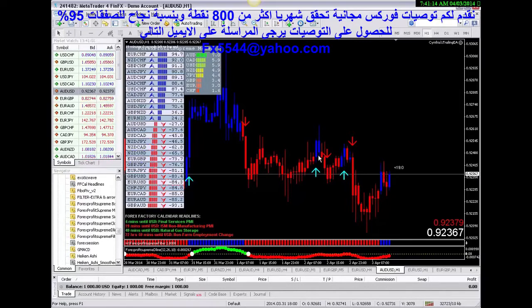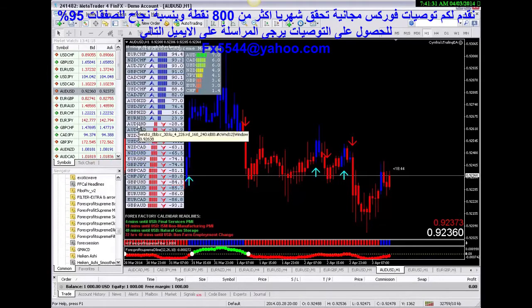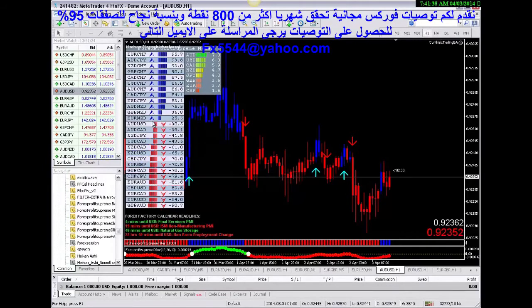That means it's going to be flat. The Aussie is very strong, but the US dollar is pretty strong too, not as strong. But that just means there's going to be a lot of flatness here. There's no real direction for the market. So that currency pair wouldn't interest me at all. It's right here in the middle, but there's no movement. When they're right here in the middle, they're very, very flat.